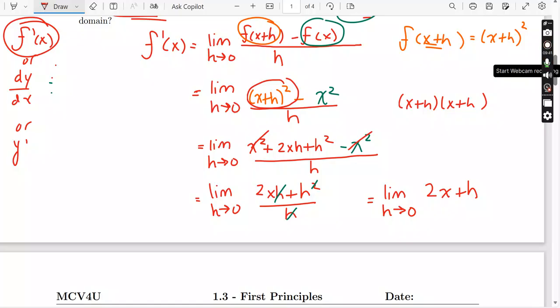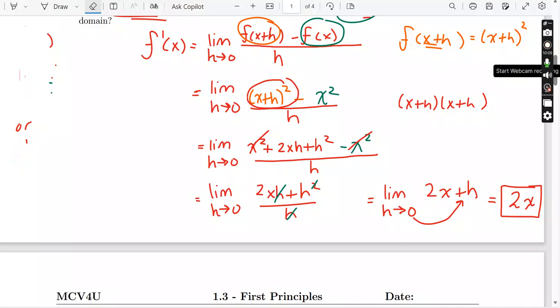So now what I can do is sub in h, solve for the limit. By subbing in h, I'm going to get just 2x. So that will be the derivative of x squared. Now, what does this value even tell us? Let me erase this right here, give us some more space.